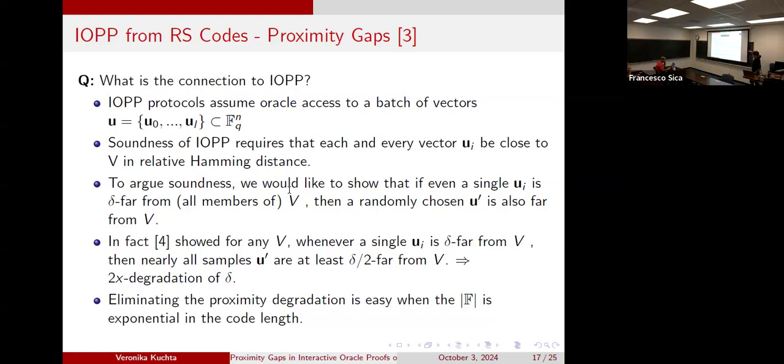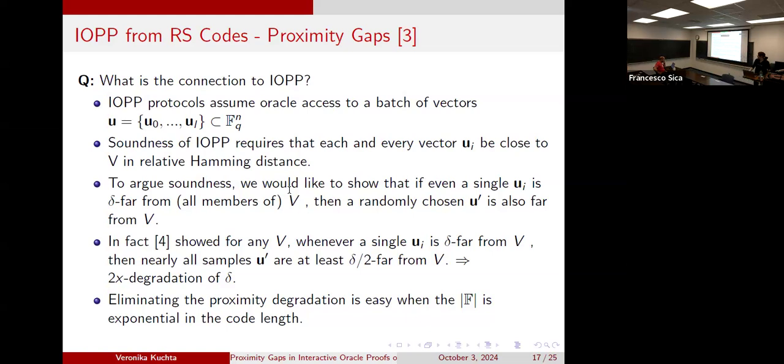So this is work which I'm doing in collaboration with coding theorists, and what we are trying to prove is a proximity gap for folded Reed-Solomon codes. We know that folded Reed-Solomon codes are list-decodable up to the proximity parameter delta equal to 1 minus rho minus some small epsilon, right?